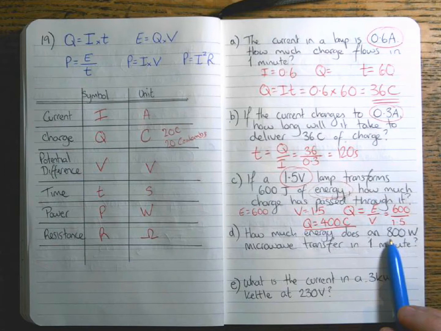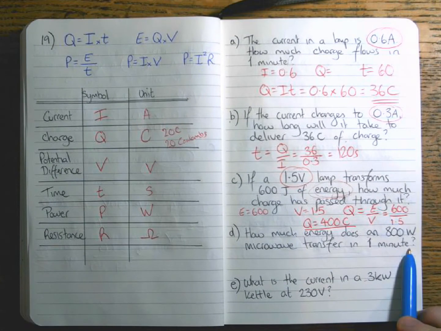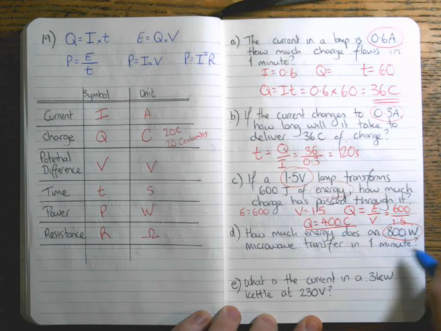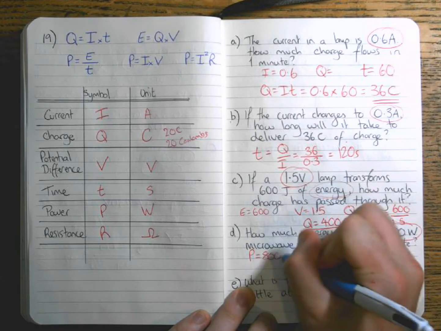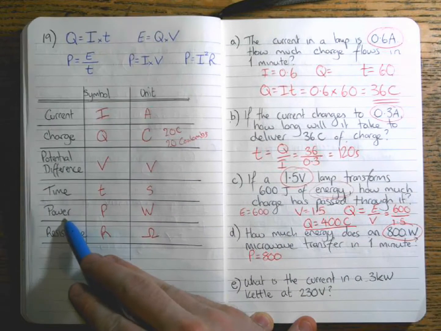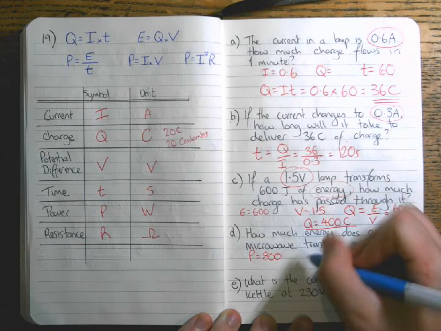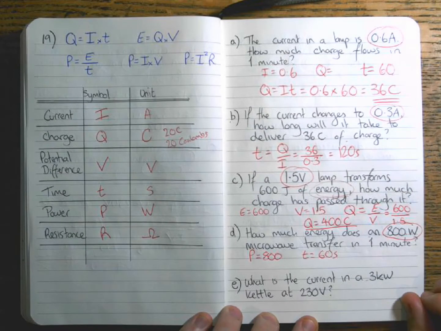How much energy does an 800 watt microwave transfer in 1 minute? So what letter does that represent? 800 watts. Hopefully you said power. The watt is the unit of power. So we know that we've got P. We've also got the time, 1 minute. Again, not going to fall for that one. 60 seconds.